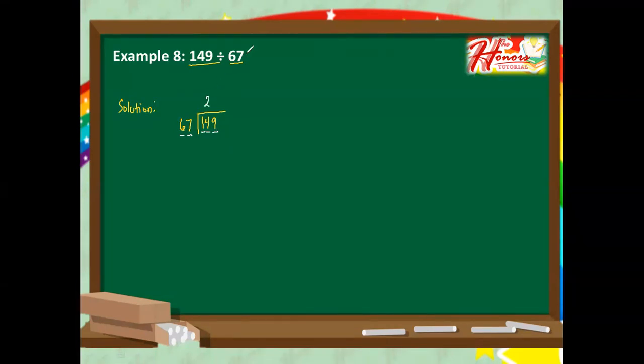Again, how did we know that this is 2? It is because we use a multiplication table of 67. Multiplying it by 1 is 67. Then 67 times 2 is 134. If I multiply it by 3, then it will become 201.